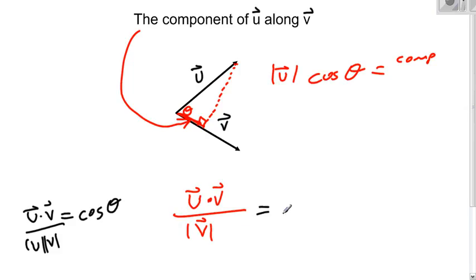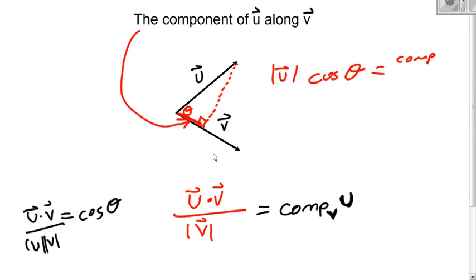That is the component of u along v. The component of u onto v. And remember, the component of u onto v just tells us how long would u be in the direction of v. How long is u in the direction of v?